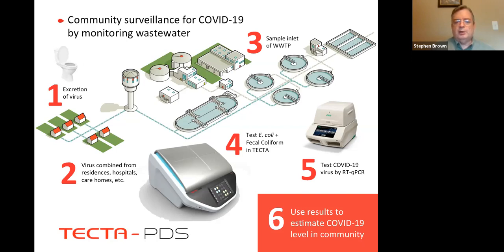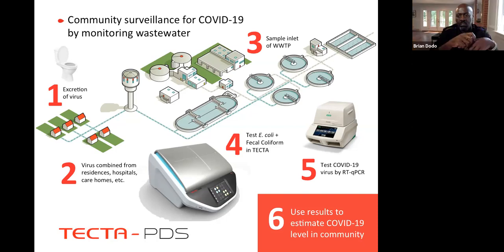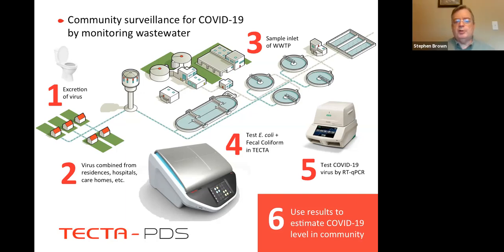So it's a single sample that can be taken to replace hundreds or even thousands of individual tests of persons in the community. So that's turning into a really exciting application of this kind of testing when we get into public health situations, to use sewage, or what they call wastewater epidemiology, as a way to more efficiently track what's going on in a community.